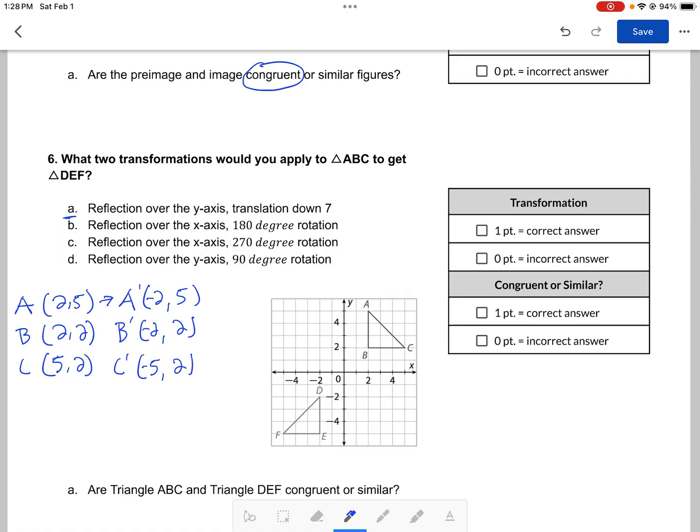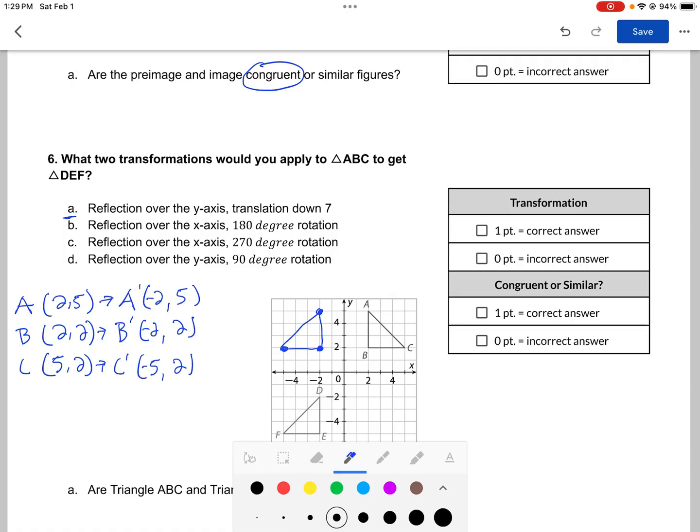So (-2, 5), (-2, 2), (-5, 2). Like that.